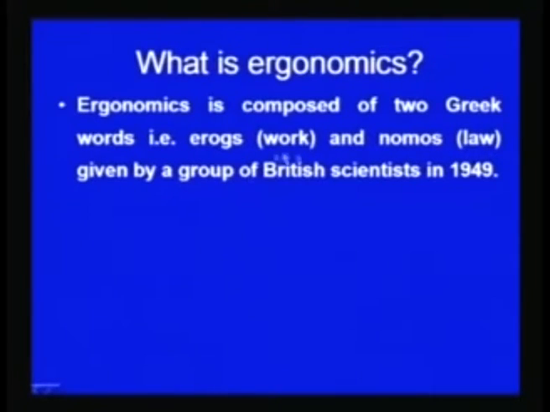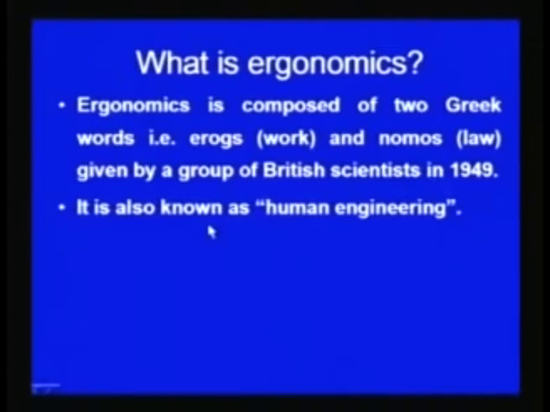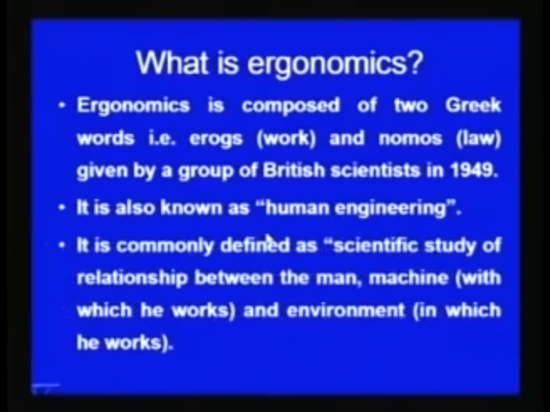So, here the laws or rules related to work are the word meaning of ergonomics. This name was given by a group of British scientists in 1949, and ergonomics is also known as human engineering in different countries.